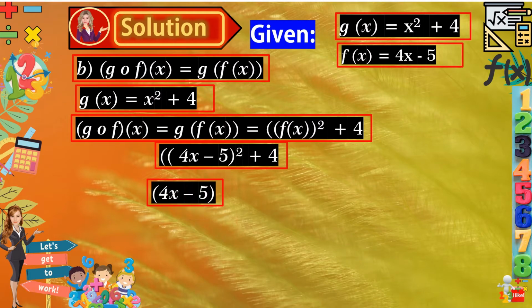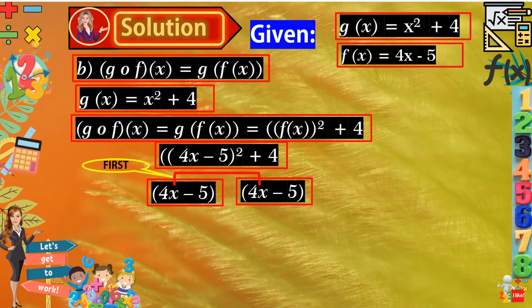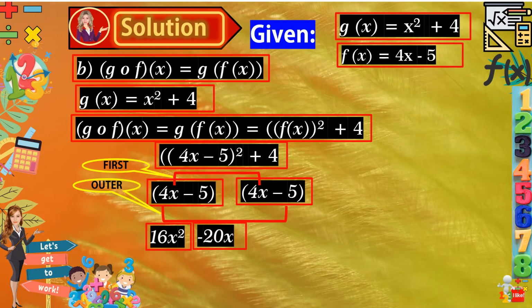Start with the first term. 4x times 4x is equal to 16x squared. Then, outer: 4x times negative 5 is equal to negative 20x. Inner: negative 5 times 4x gives you negative 20x.